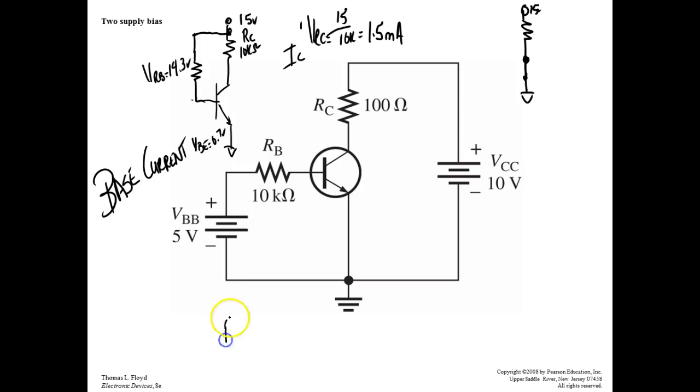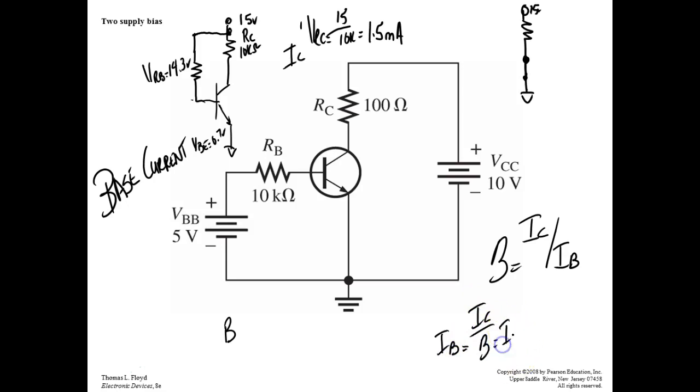Now I know beta. Beta is equal to IC over IB. So I'm going to solve for IB. IB is going to be equal to IC divided by beta.